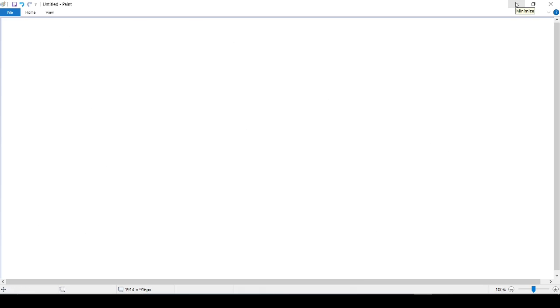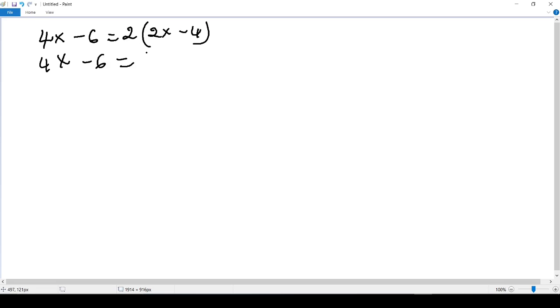Sometimes solving a linear equation in one variable returns no solutions. Let's see that by solving this equation, 4x minus 6 equal to 2x minus 4. So we have 4x minus 6 equal to, we distribute the 2 right there, 4x minus 8.